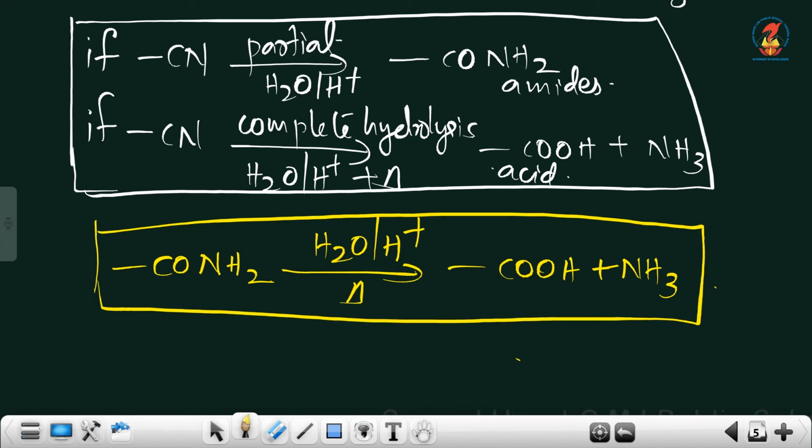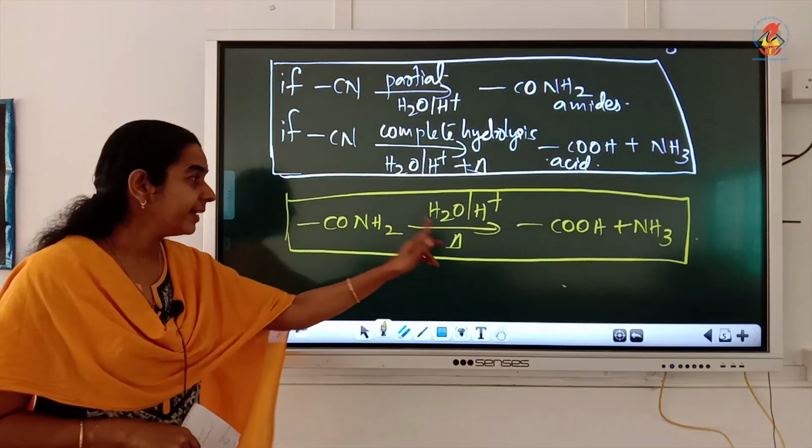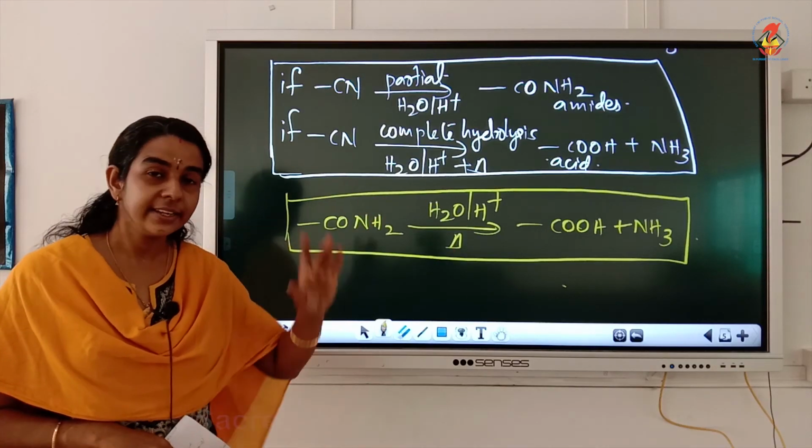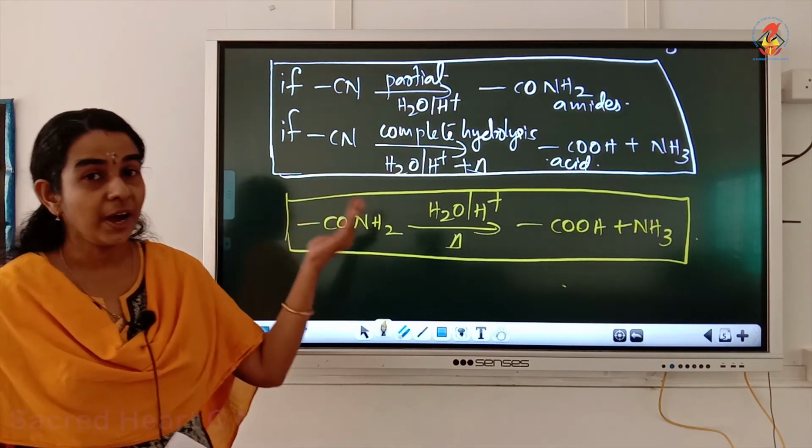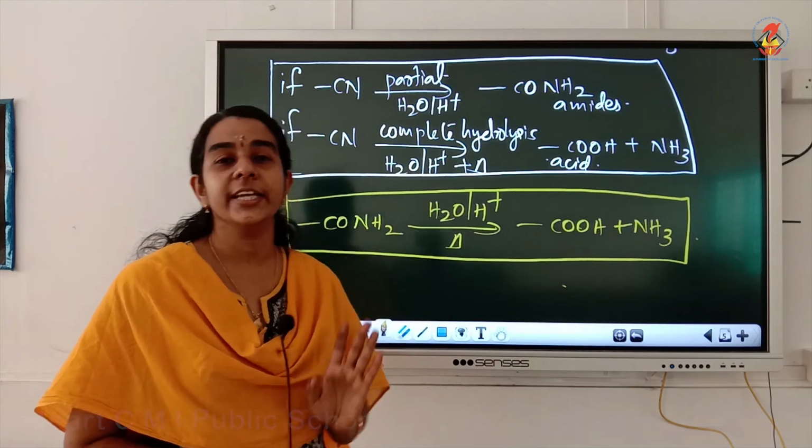So for the hydrolysis of amide, delta is compulsory and there is only one type of hydrolysis for amides, but for cyanides there is partial hydrolysis and complete hydrolysis.